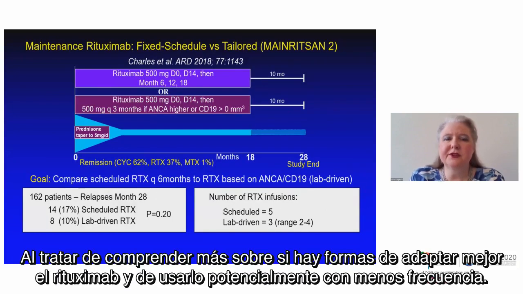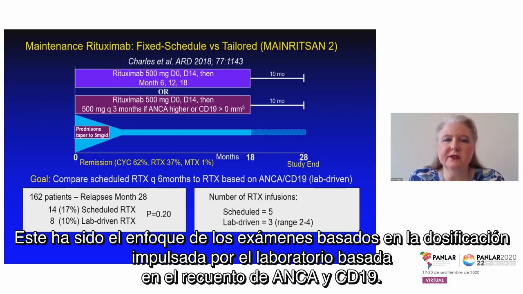In trying to understand more about if there are ways to better tailor rituximab and to use this potentially less often, this has been the focus of examinations based upon lab-driven dosing, based on ANCA and CD19 count.